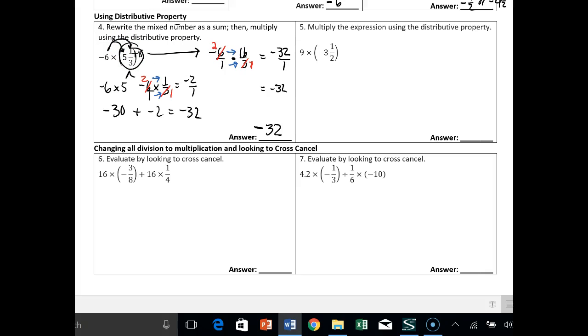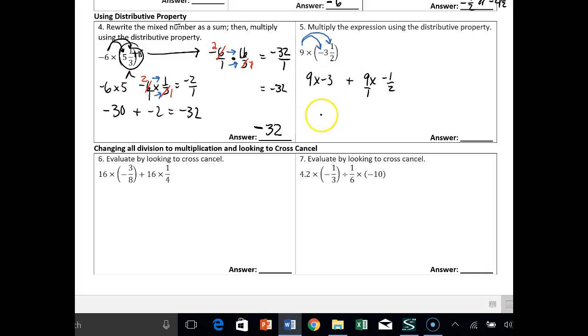Let's try number 5 here real quick. Let's do it with the distributive property. So let's do 9 times negative 3, and then 9 times, remember, if this is negative, that's a negative 1/2. So 9 times negative 3 plus 9 times negative 1/2. When I do that, I want to put this over 1 so I can actually multiply it.